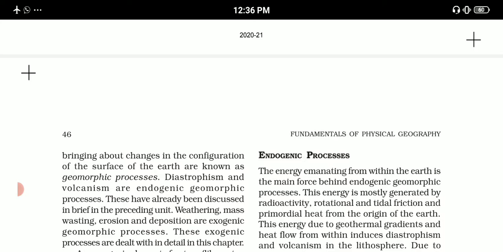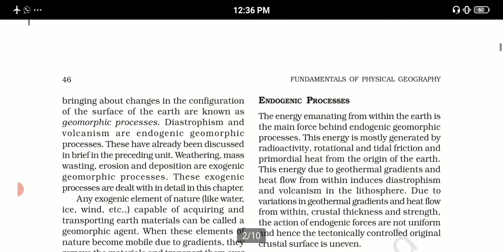Diastrophism and volcanism are the endogenic geomorphic processes, and they have also been discussed in brief in the preceding units. Weathering, mass wasting, erosion and deposition are exogenic geomorphic processes, and these exogenic processes are discussed in detail in this chapter.